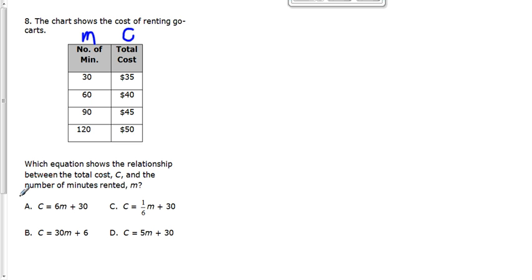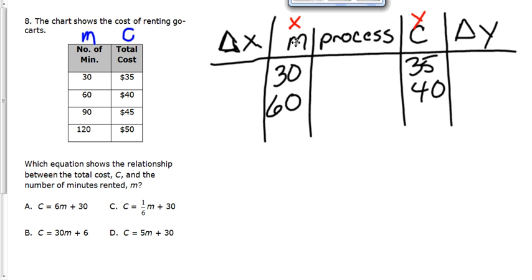Now, just like class today, if we're trying to find an equation from my table, the best way to handle this is set up a big table showing your process column and make sure to do your delta y, delta x. So I'm going to pause you while I set up my table. Why don't you go ahead and pause the video and set up your table so you can see how well you're doing. Okay, guys, I've got my table set up.